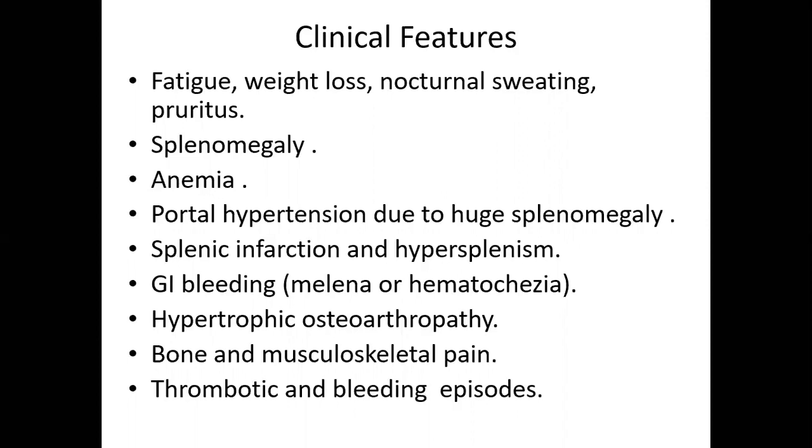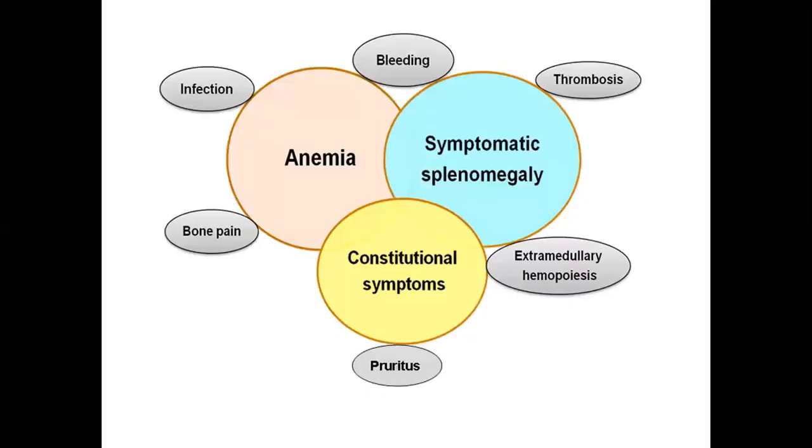These patients may develop attacks of gout because of peptic ulcer disease. They have sometimes changes in the joints because of hypertrophic osteoarthropathy. They have also bone pain and musculoskeletal pain, and they have also thrombotic episodes and bleeding episodes because the platelets are dysfunctional.